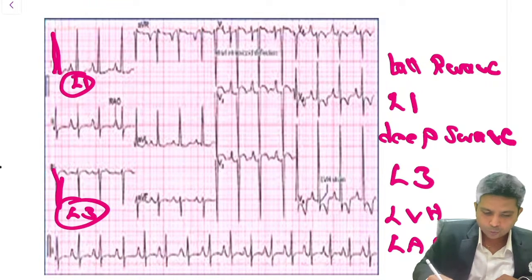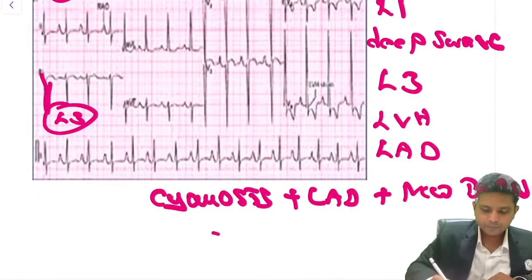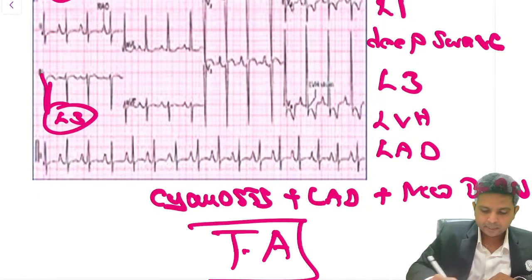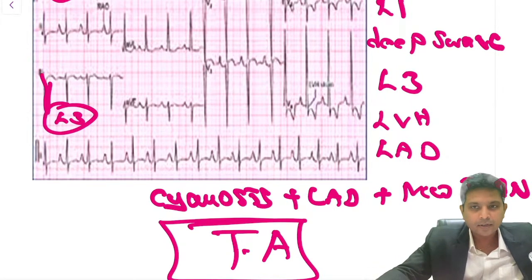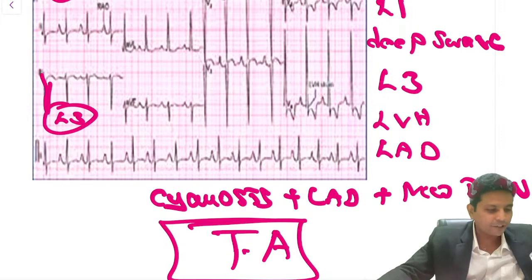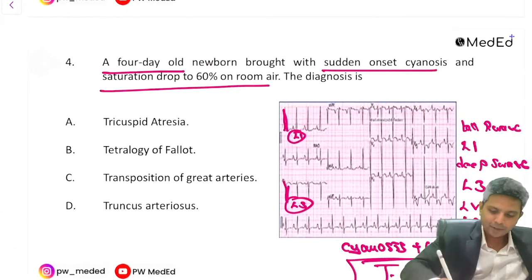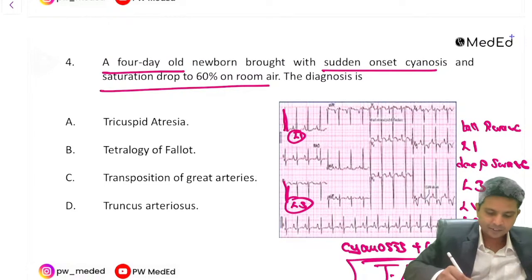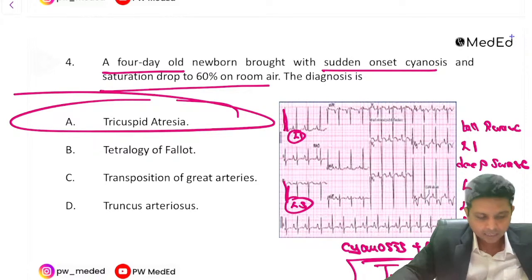I told you the rule of thumb is cyanosis plus left axis deviation plus newborn. The only condition that can cause this is tricuspid atresia. Okay, my dear boy. Look here. So what is the answer? Cyanosis is there. Left axis deviation is there. Without doing anything, without an echo, the diagnosis is tricuspid atresia.